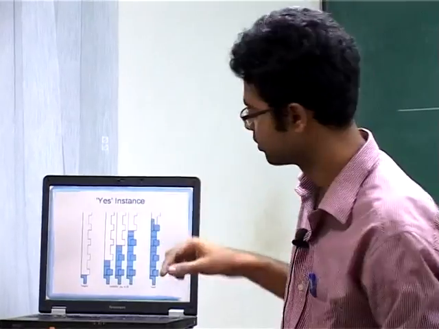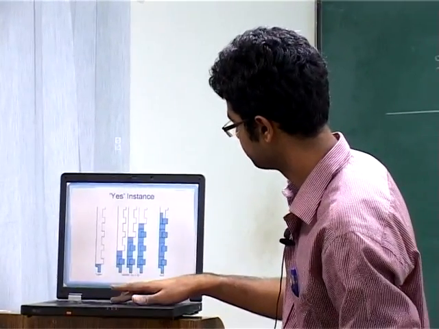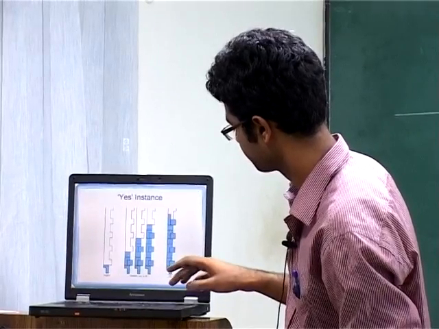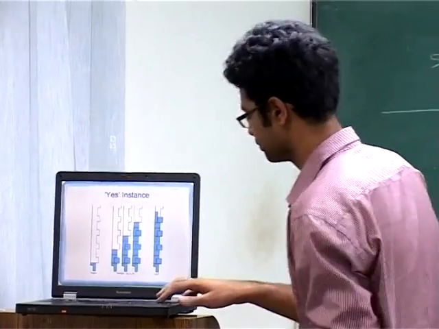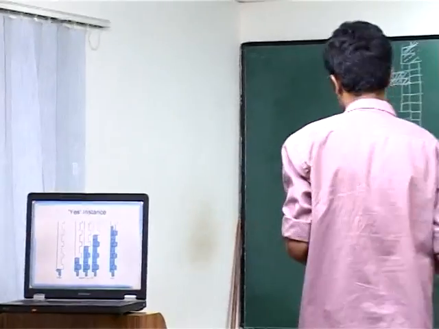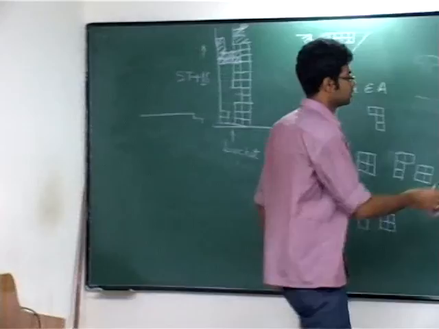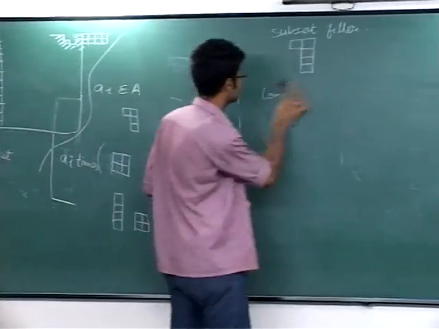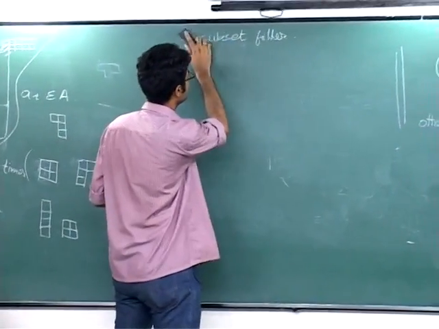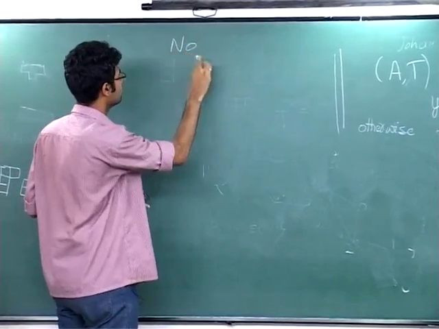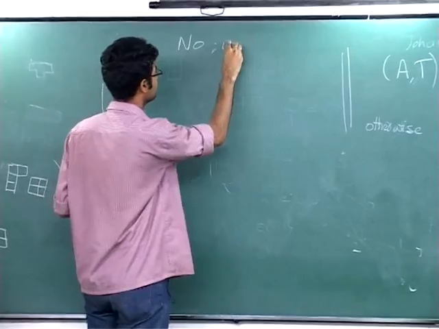So all the buckets would look the same. Now the no instance. So for a yes instance, it was possible to do it. We are able to clear the board completely.